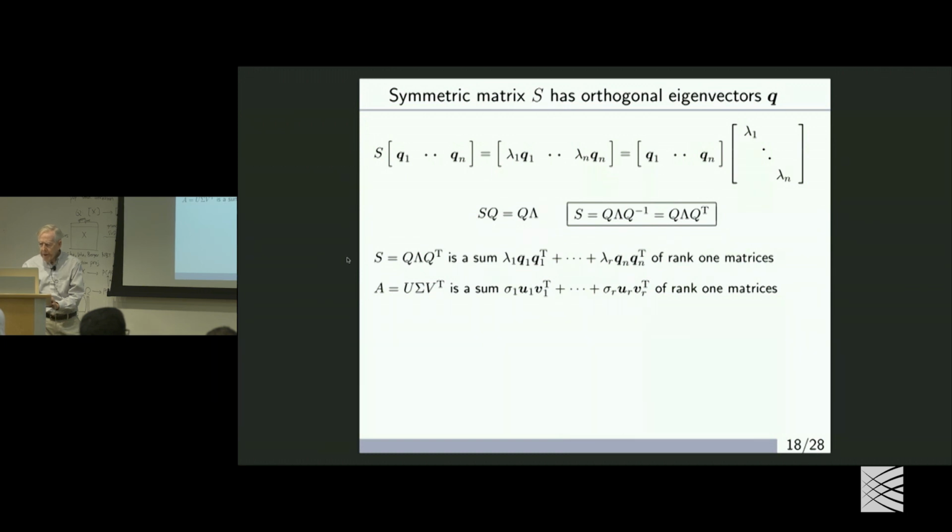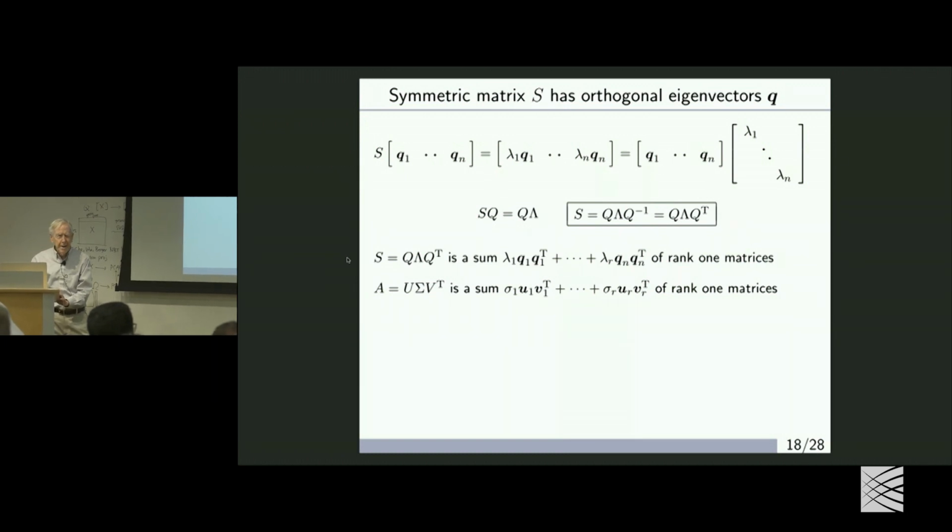Now, ready for eigenvalues and eigenvectors. Then we're there. Okay, so what's with eigenvalues and eigenvectors? The matrix I'm calling S for symmetric. And the point is, why am I doing eigenvalues and eigenvectors for symmetric matrices?